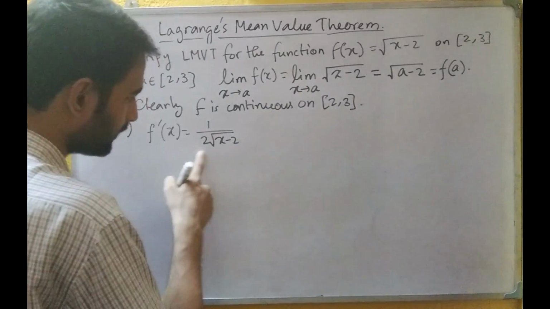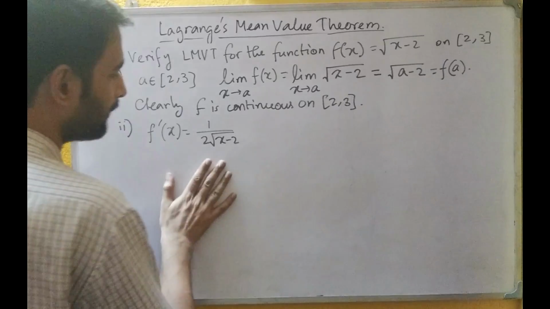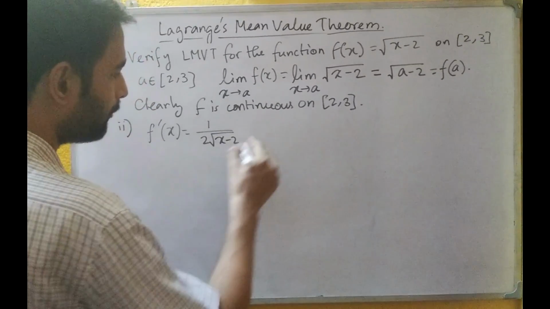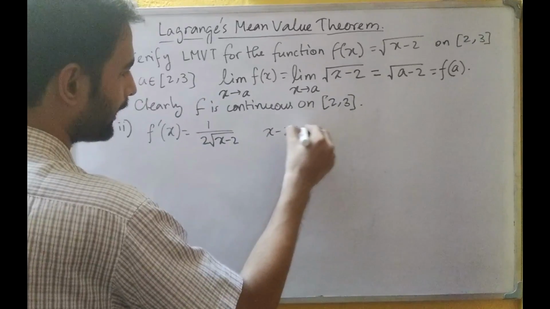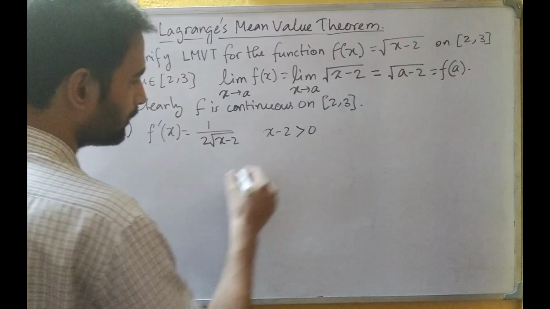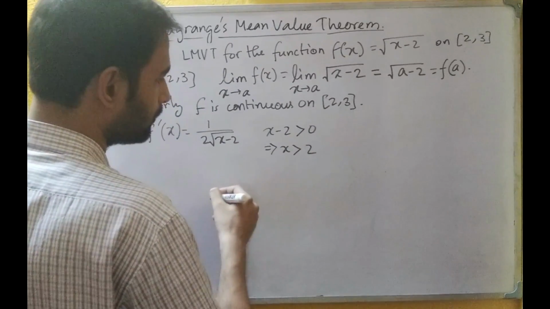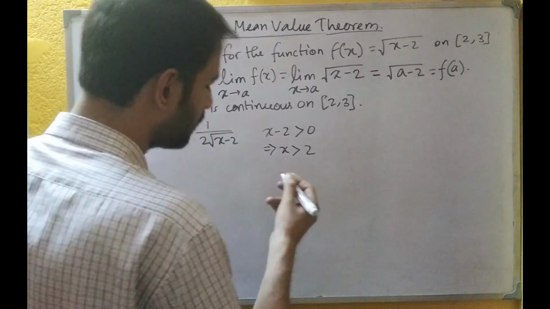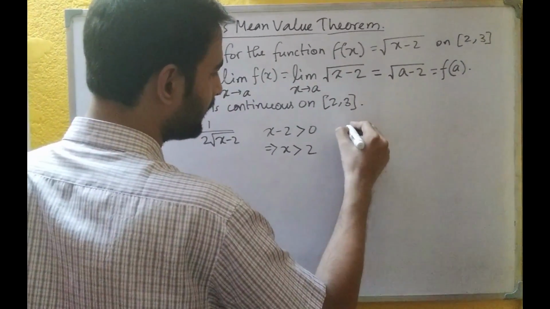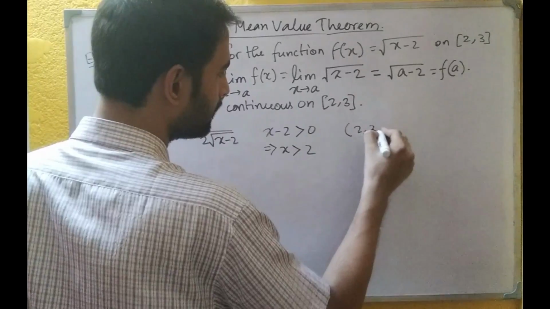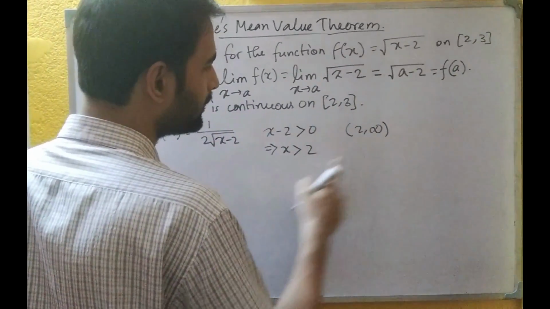Now at which point is it undefined? For it to be defined we need x minus 2 greater than 0, that means x greater than 2. So the interval for existence of this derivative is (2, infinity), because x greater than 2 means this interval.